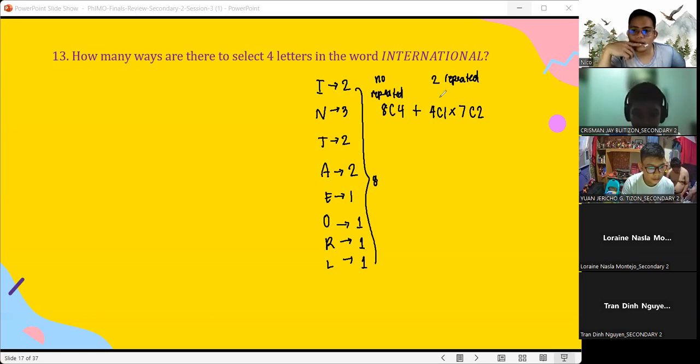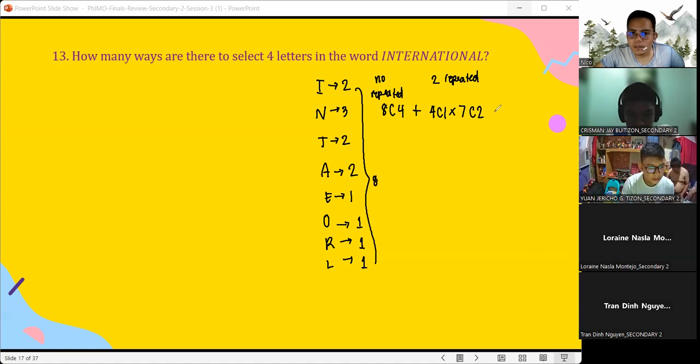Okay, what's next? What if there are three repeated? So that would be what? Two repeated. Two, no repetition, different. Oh, okay.